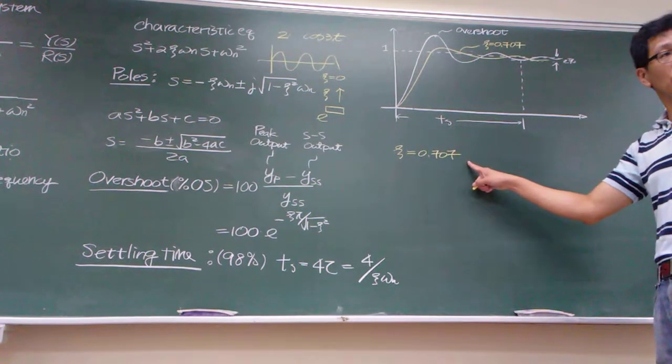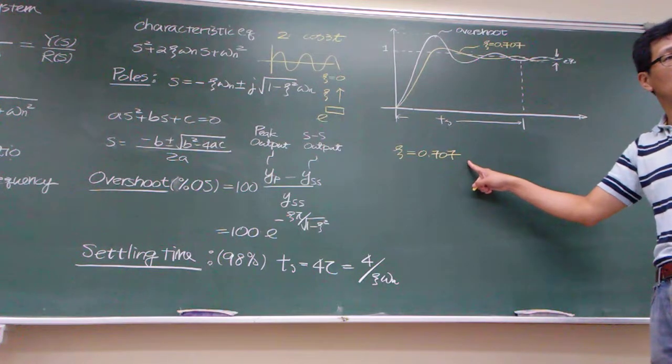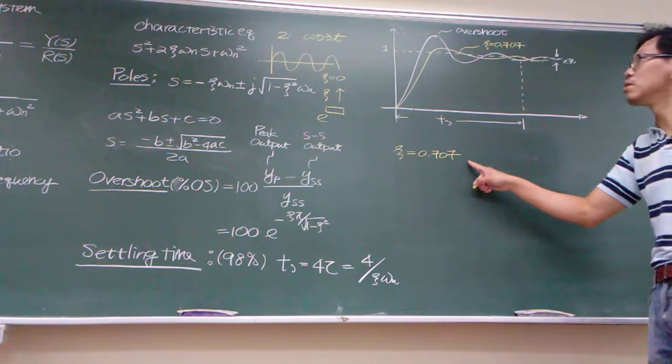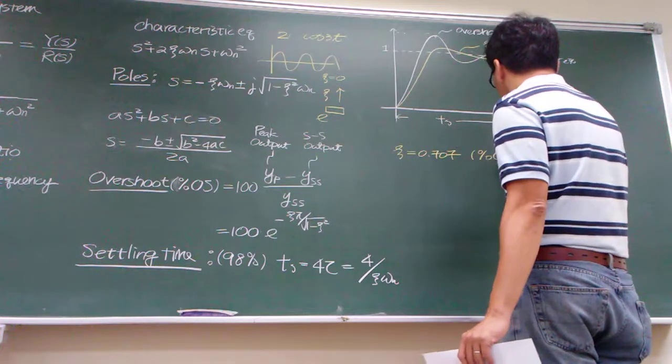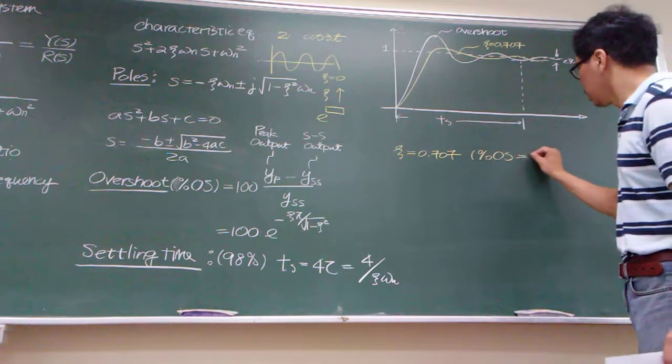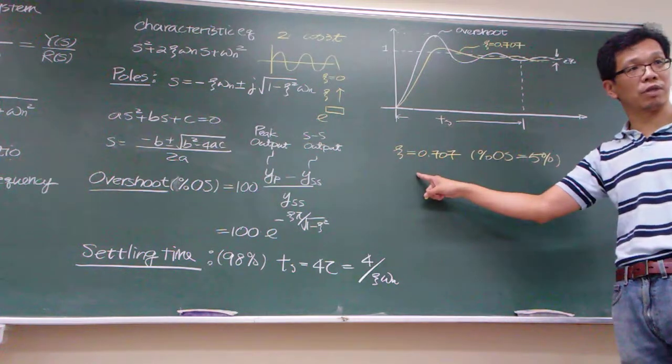This damping ratio is specific. We would like to keep this one all the time because the overshoot in this case is 5% when your damping ratio equals 0.707.